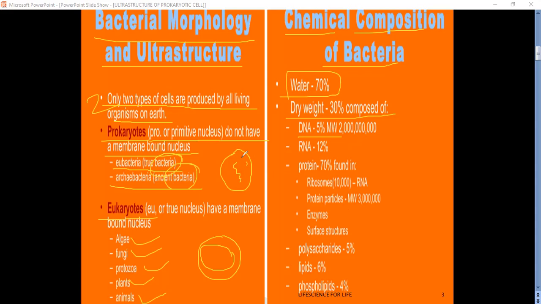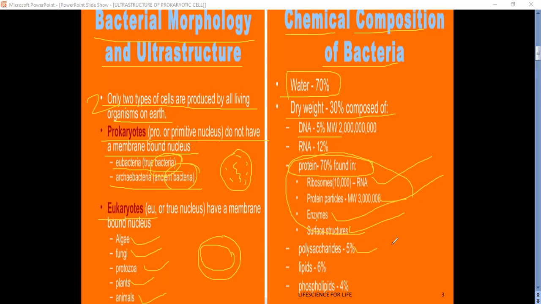Its RNA is 12%, and protein is 70%, which is included in ribosomes, protein particles, enzymes and surface structures. All of this is considered under the 70% protein.